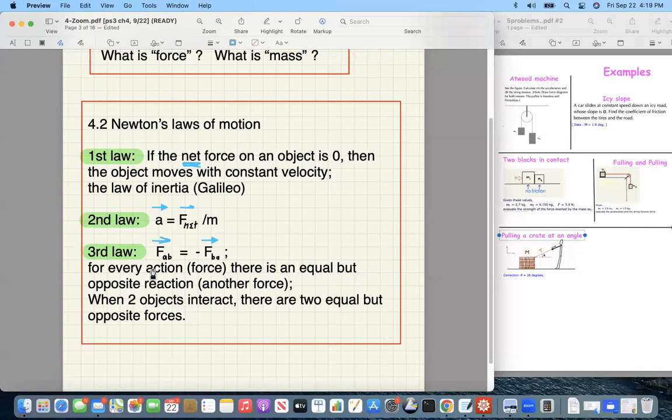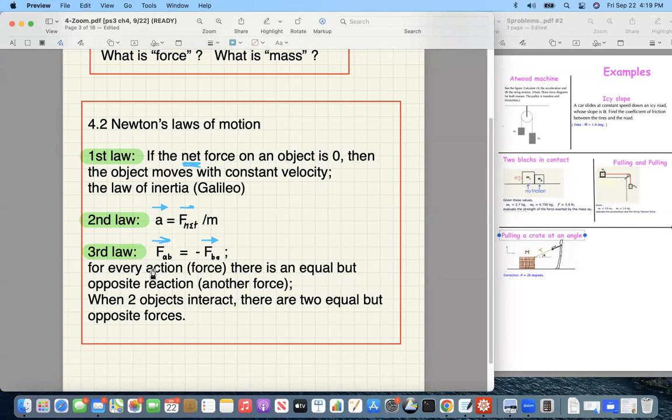You know, you say, well, if I'm hit by a car, then I'll fall down. So for every action, the car hitting me, there's a reaction. I fall down to the ground.